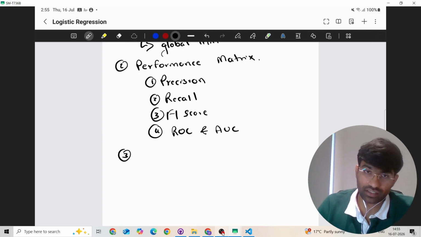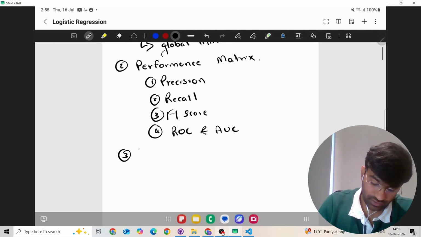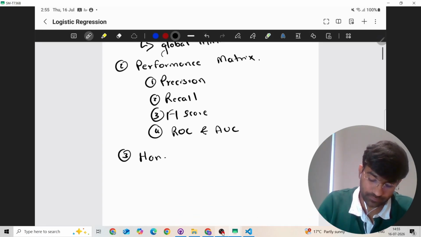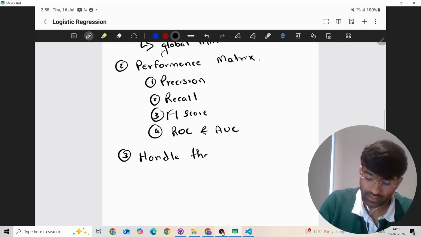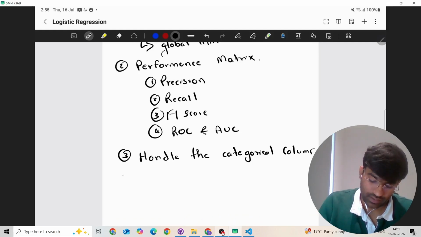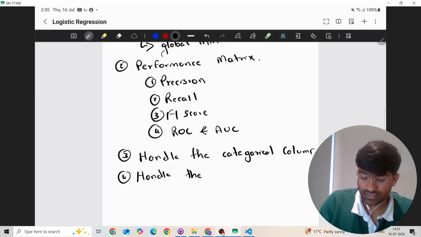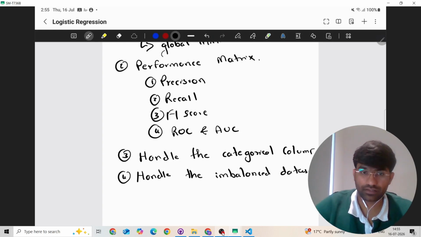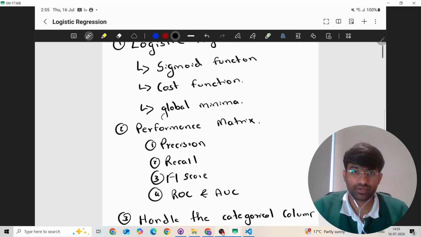During the practical implementation, I will also show you how to handle the categorical columns and how to handle the imbalanced data set. So these are the topics that will be covered.